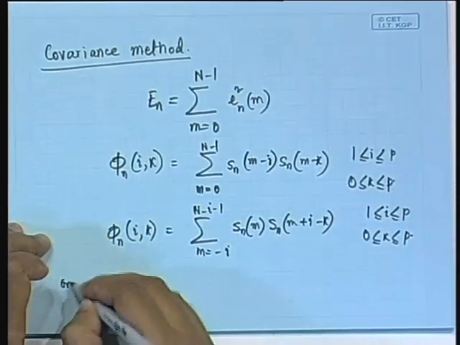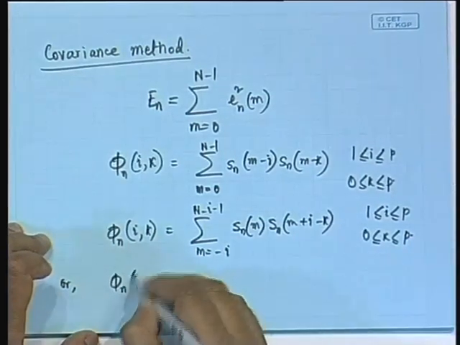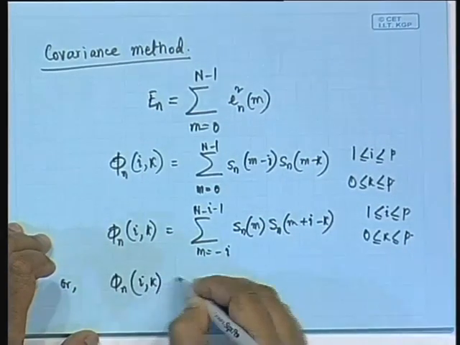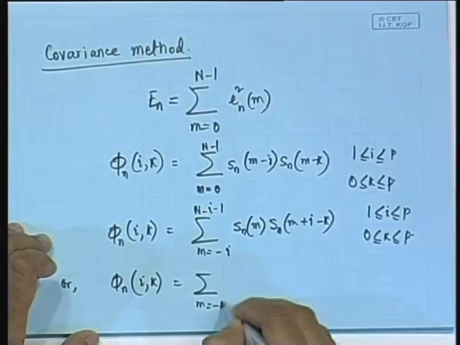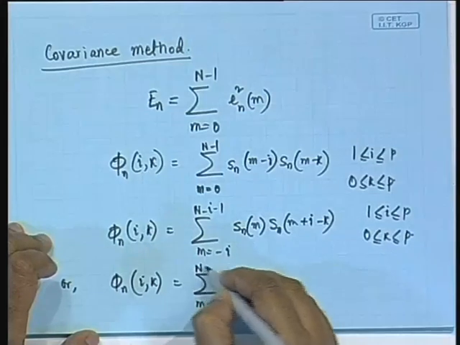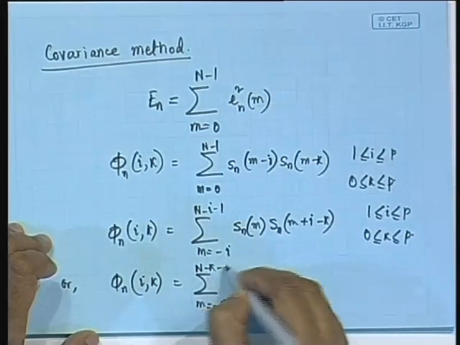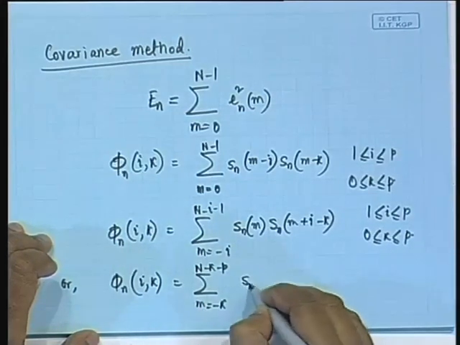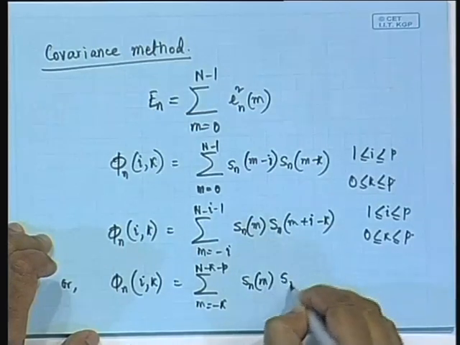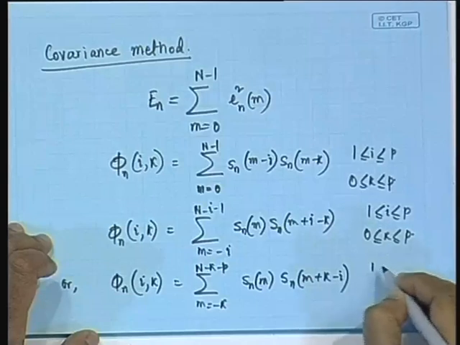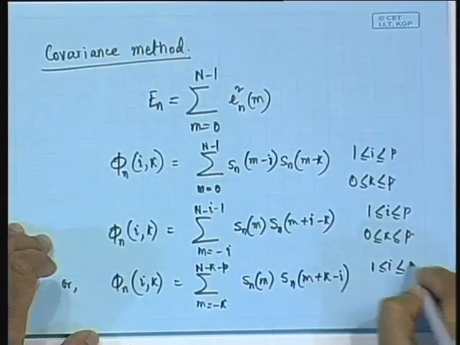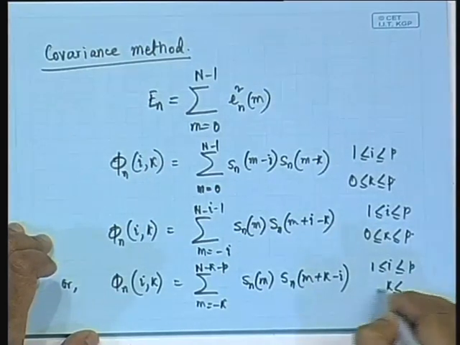Or we can also write phi n I k as the summation m equal to minus k to n minus k minus p of S n m plus k minus I, again I between 1 to p, k between 0 to p.